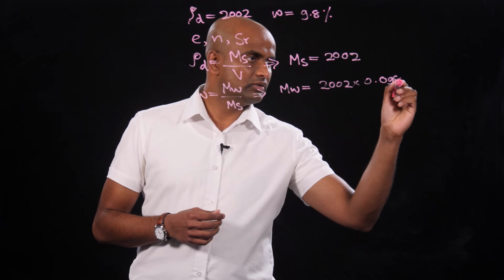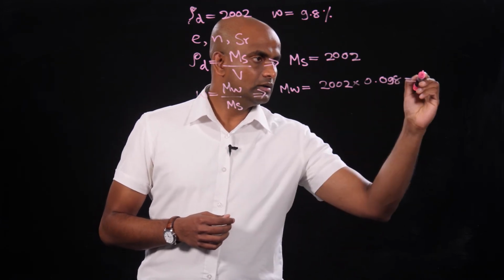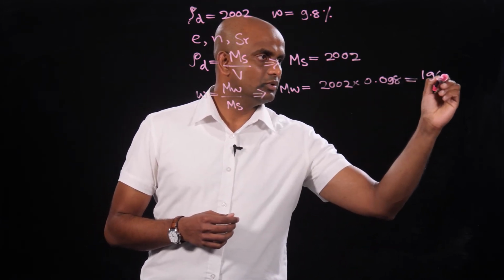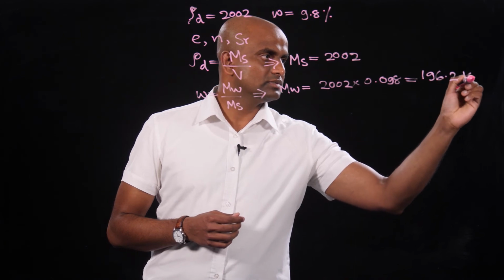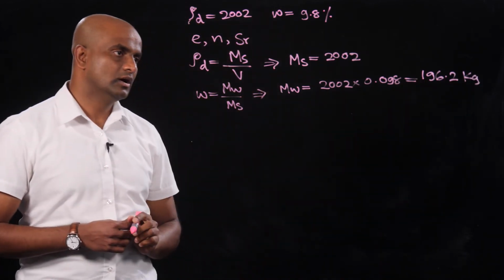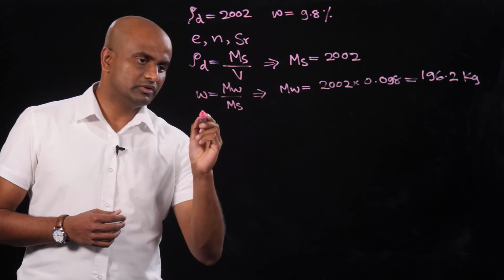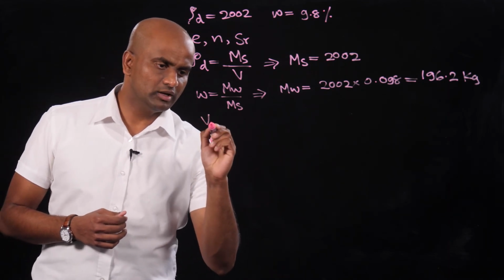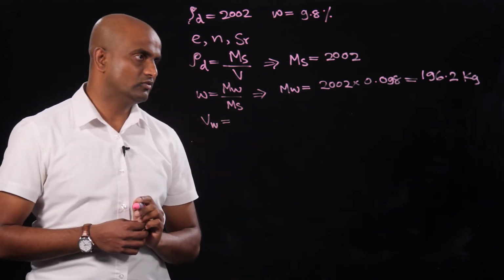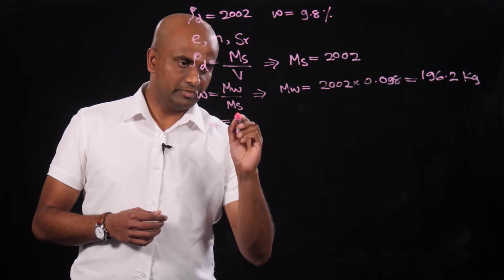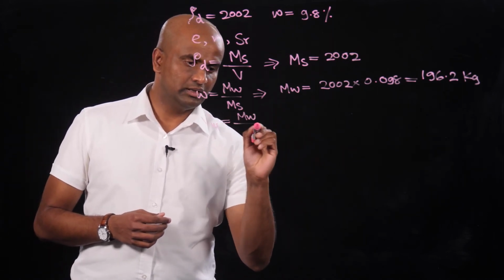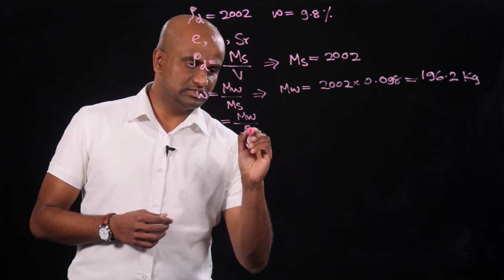So the mass of water will be therefore 196.2 kilograms. So that is your mass of water. From that mass of water, we can easily calculate the volume of water, because volume of water is always mass of water divided by the density of water.